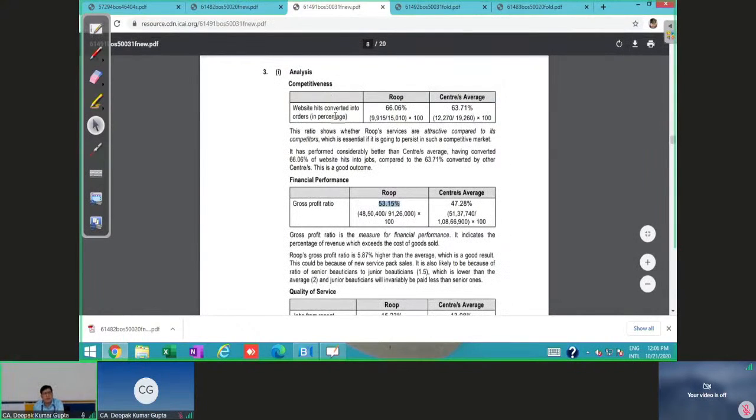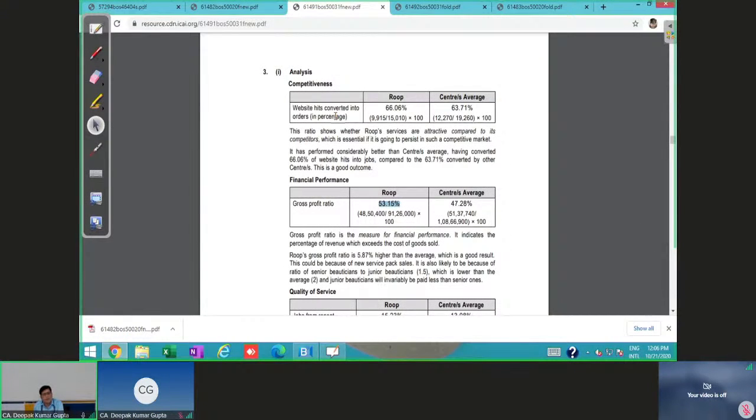Next factor is competitiveness. Competitiveness can be measured through the number of hits converted into sales.